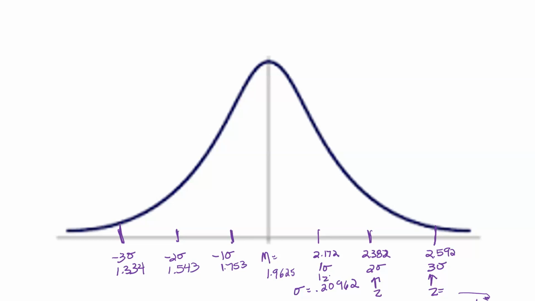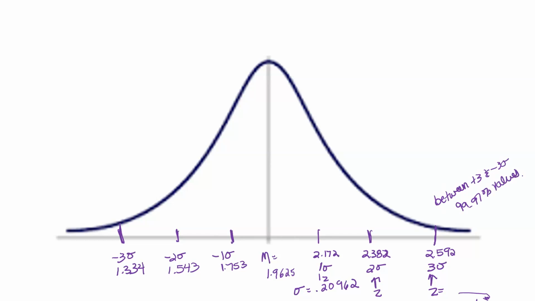And what we know about z-scores is that between +3 and -3 standard deviations, we have about 99.97% of our values, okay?